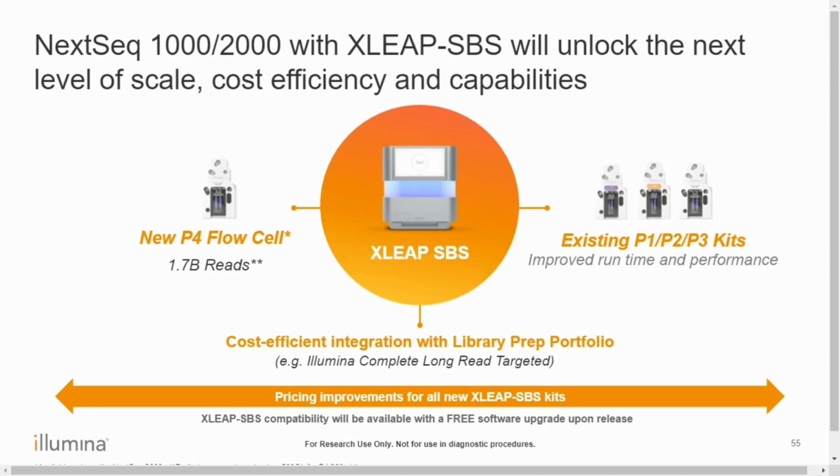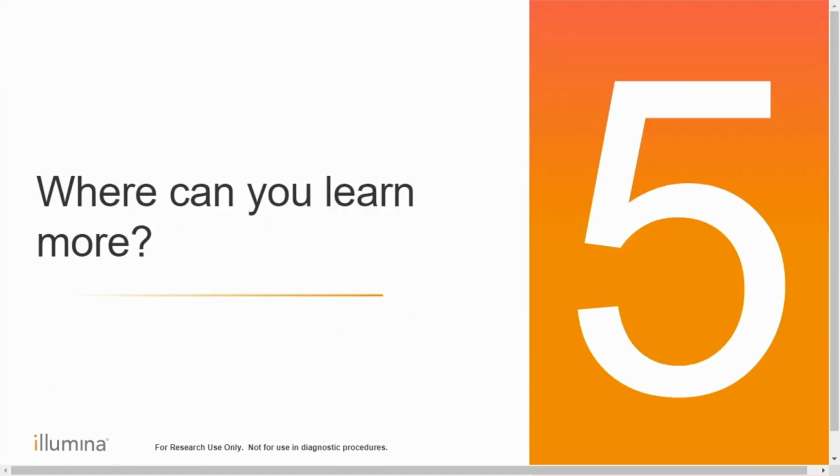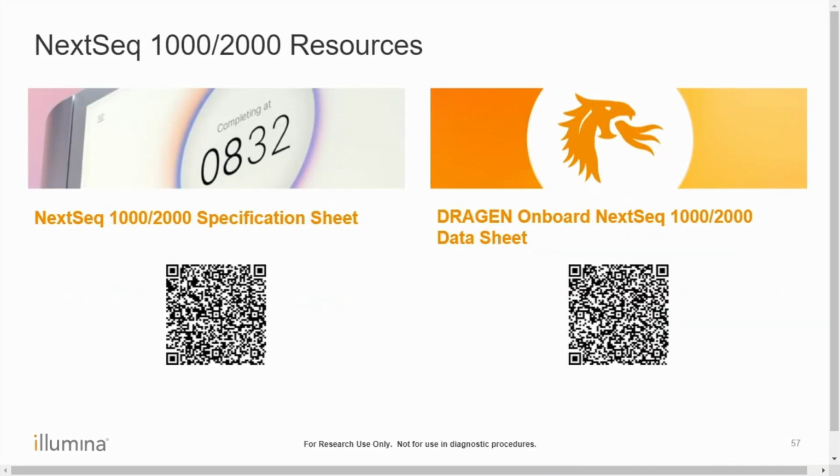To wrap up our session today, we'd like to take a moment to share some resources with you where you can learn more about NextSeq 1000 and 2000 and onboard DRAGEN. First, here are some QR codes that will lead you to the specification sheet for the NextSeq 1000 and 2000 and to the data sheet with more information about DRAGEN onboard specifically.